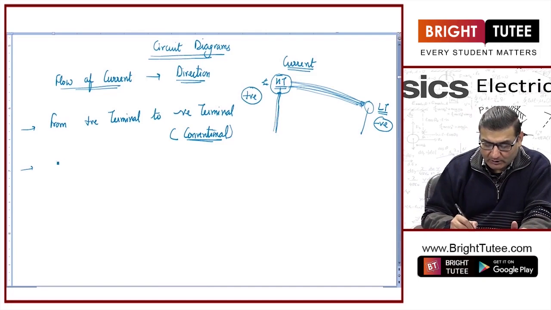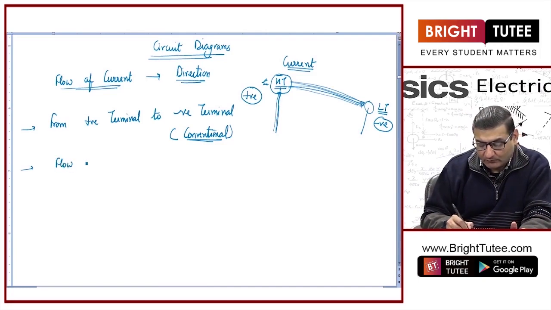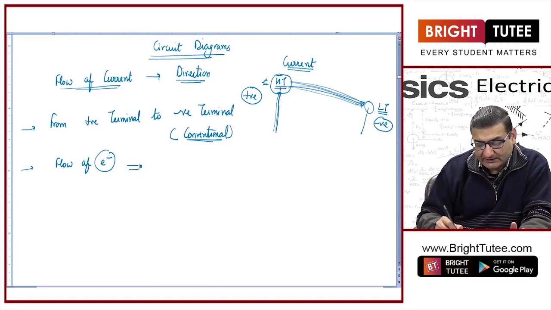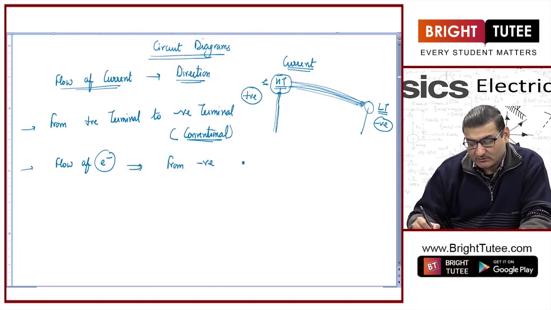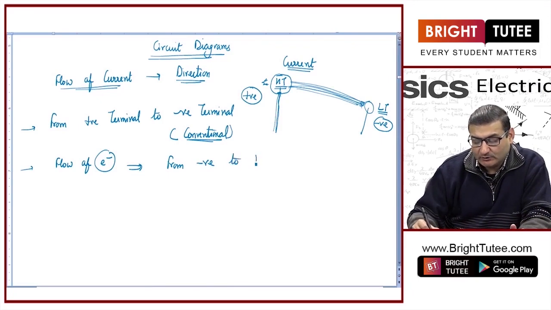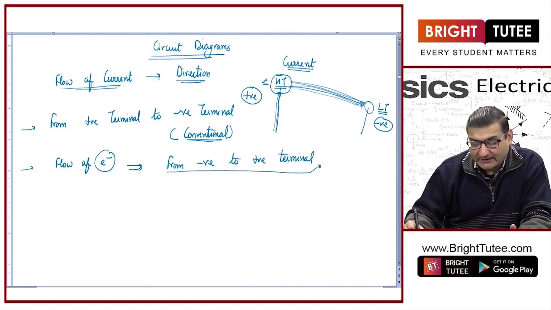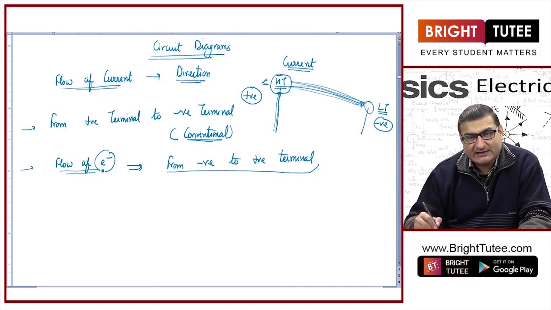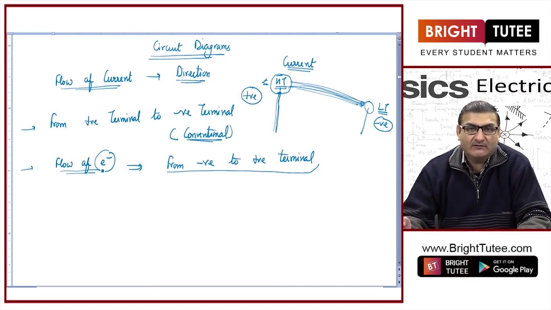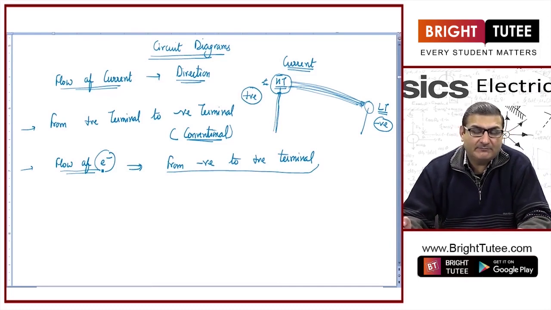So the flow of electrons is actually opposite to the flow of current that we have been following traditionally.